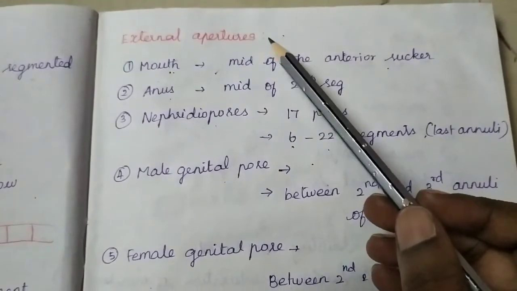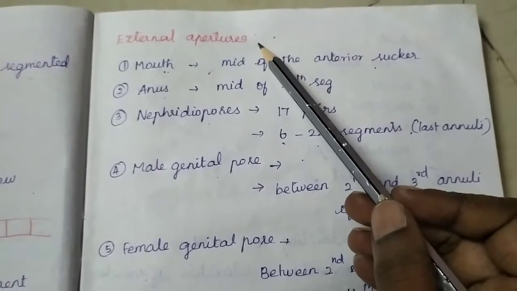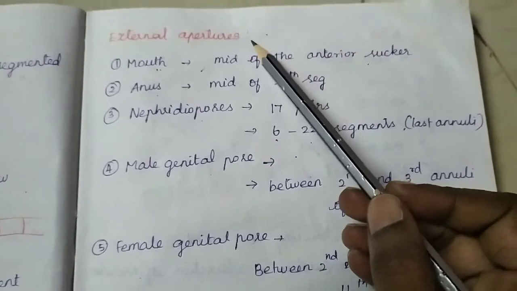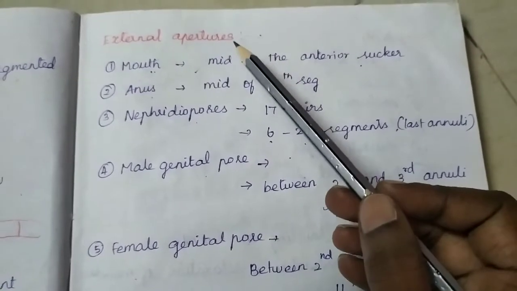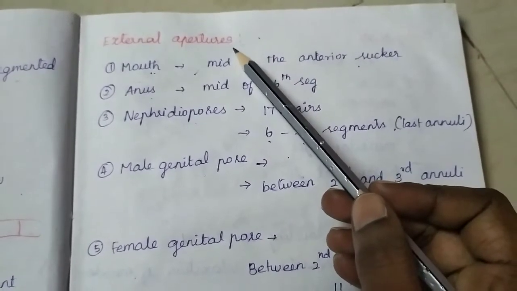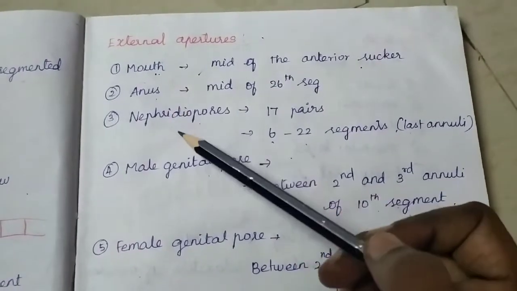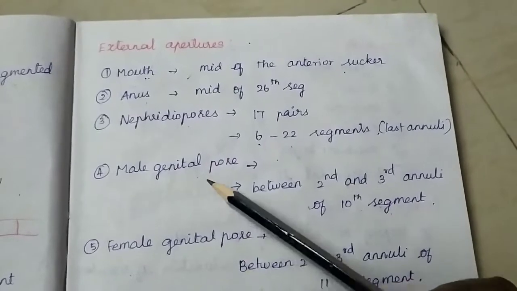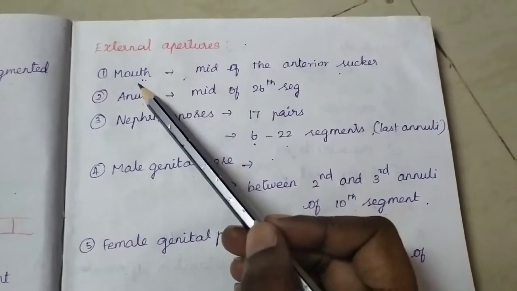External aperture. Aperture means the holes in the body. Just as we have holes in our body, like ears, nose and mouth, the leech also has apertures, that is, holes in the body. It has mouth, anus, nephridiophores, male genital pore and female genital pore. First we'll see the mouth.